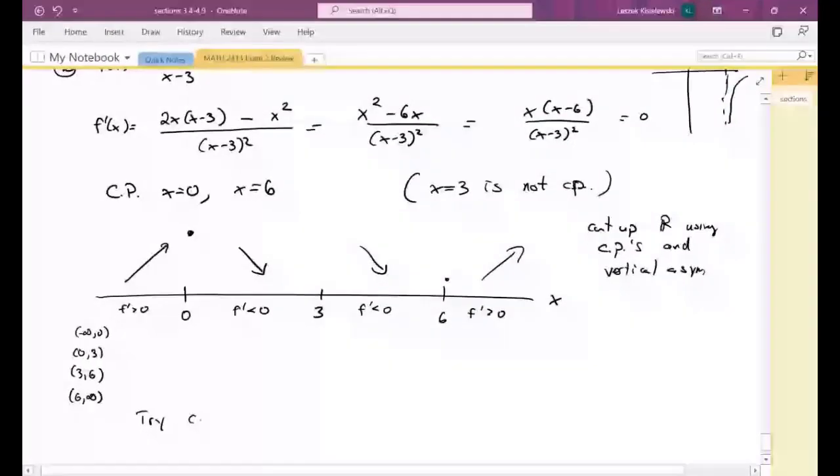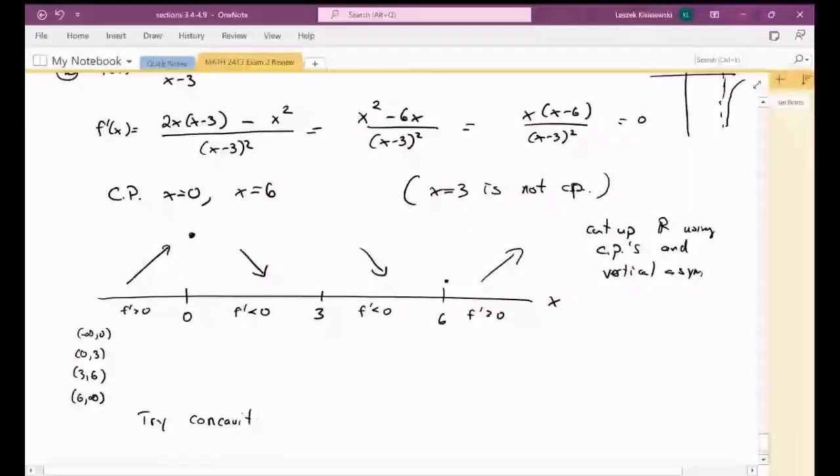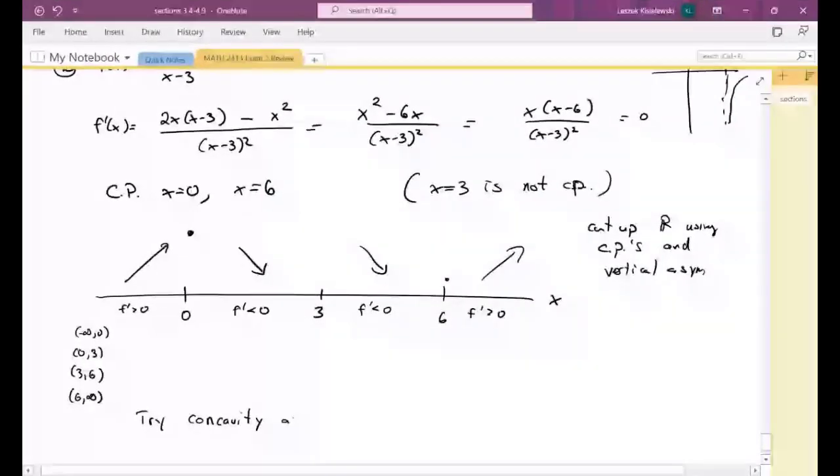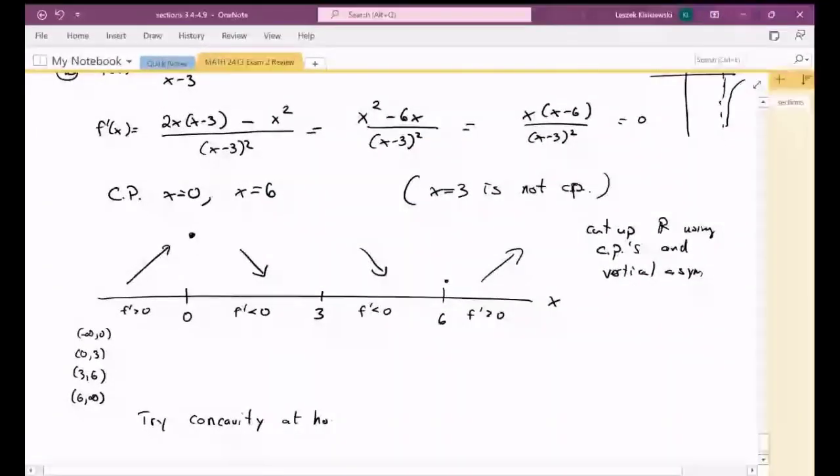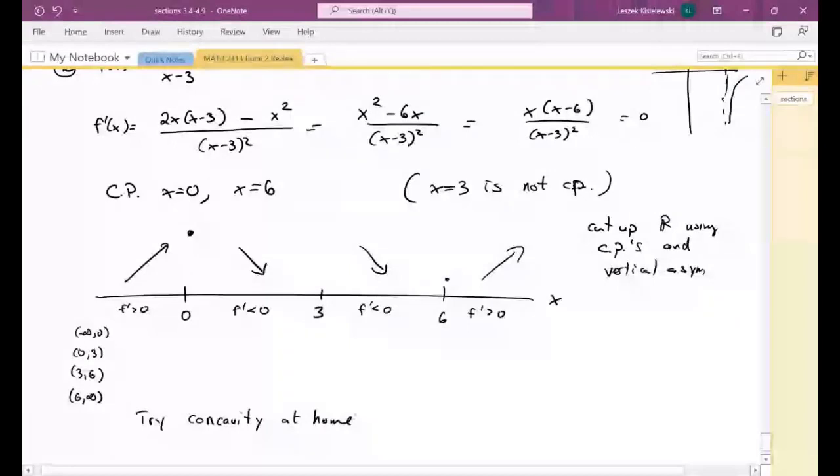I'll post the answer. Hopefully I'll have this typed up by tomorrow morning. Because, what else do we need to do? Do you guys want to do some L'Hopital's rule?